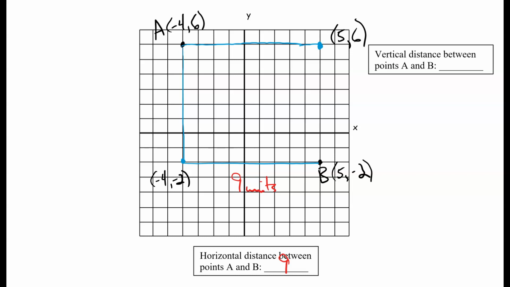And again, I can calculate this vertical distance, and I can either count or I can add my 2 distances from each point to the x-axis, and I can see that this distance is going to be 8 units.